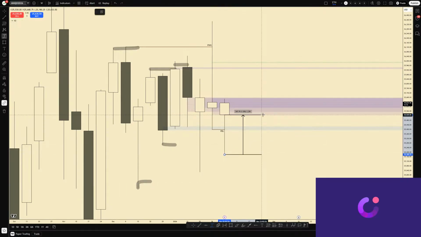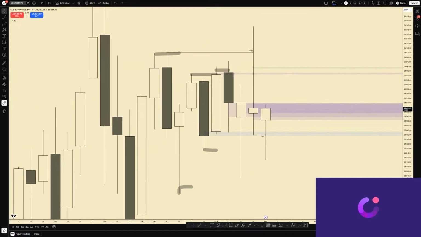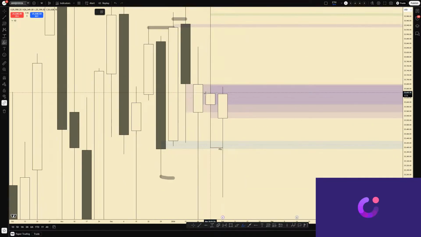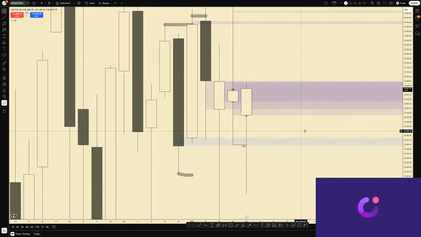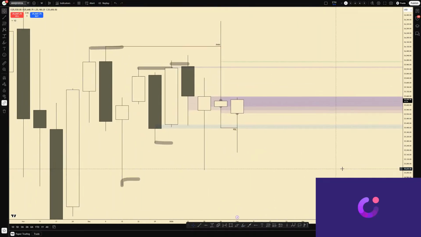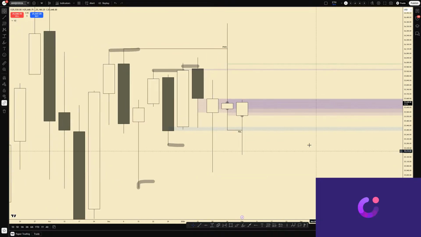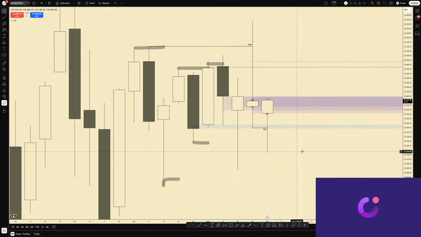It came to the weekly open level and previous weekly close level. This one is previous weekly close, previous weekly open, and current weekly open. And we don't know yet where the current weekly close will occur.